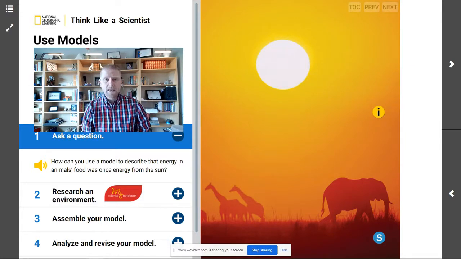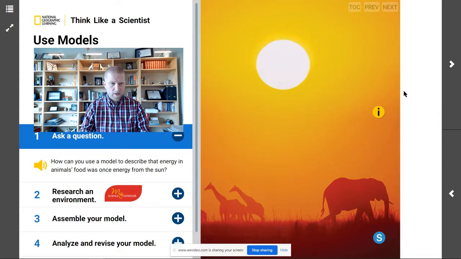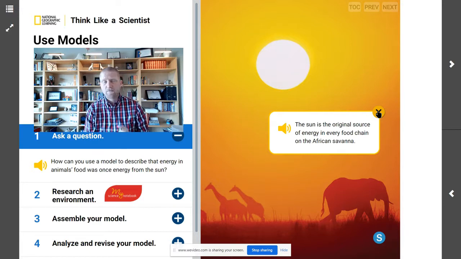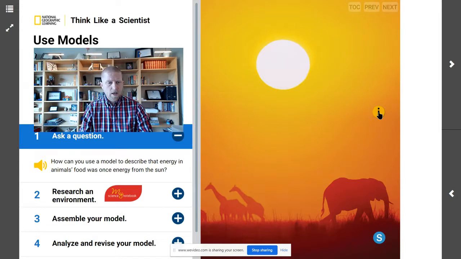So let's dig into it by looking at this image of the African savanna on the right side of this page. The sun is the original source of energy in every food chain on the African savanna, and the original source of energy for every food chain that we're going to encounter and build. Let's look at this image and think about what we notice.